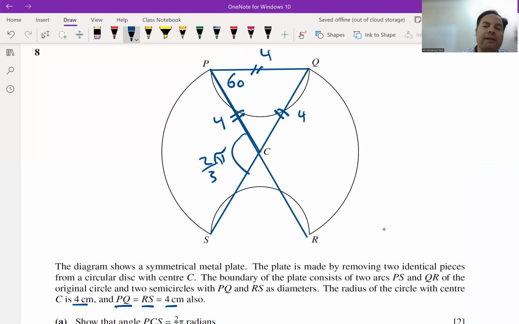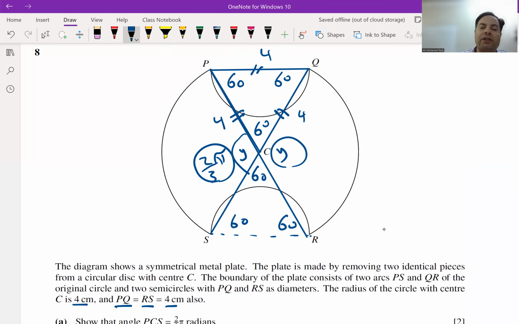So these angles are 60 degrees, 60 degrees, 60 degrees. In the same way, on the opposite side, 60 degrees, 60 degrees, 60 degrees. So these angles also will be equal, so the measure of each is 120. He asked to show that PCS is 120 degrees.